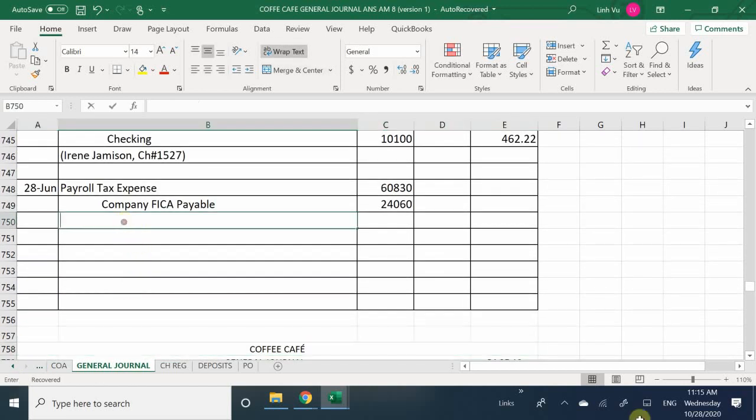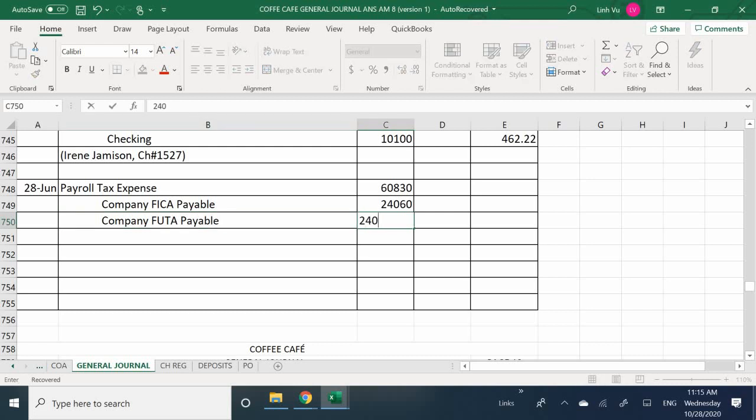Then we have to deal with company FUTA. $24070. All right. And then we also have to include company SUTA. 24080.